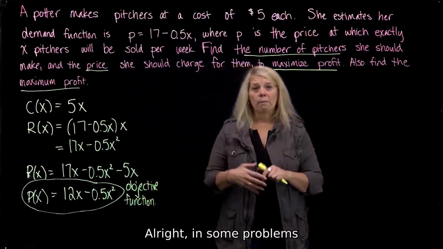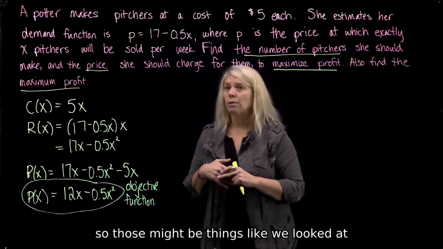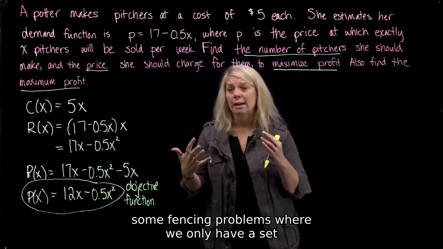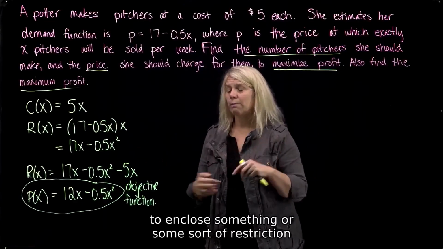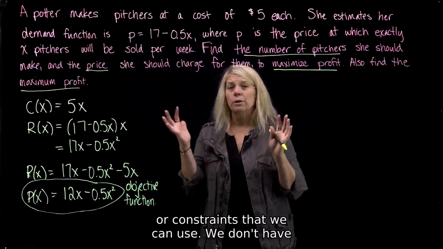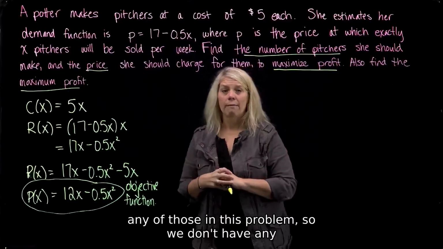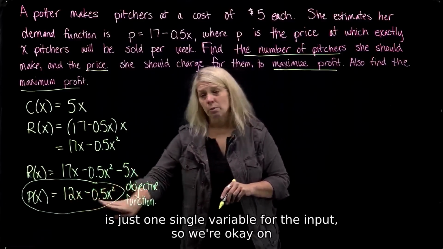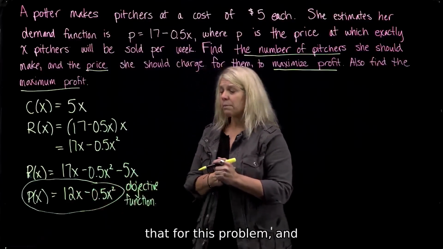All right, in some problems we have constraints that we need to consider. So those might be things like we looked at some fencing problems where we only have a set number of yards of fence that we can use to enclose something, or some sort of restriction or constraints that we can use. We don't have any of those in this problem, so we don't have any constraints. Our objective function is just one single variable for the input, so we're okay on that for this problem.